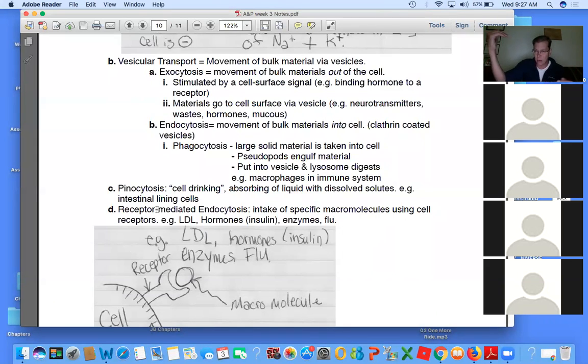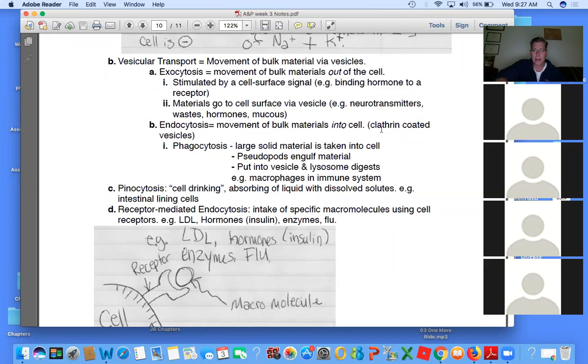Remember we talked about vacuoles as storage compartments in the last lecture? Waste, water, and hormones go into a vacuole, and it fuses with the cell membrane and pops out. Endocytosis is movement of bulk materials into a cell.